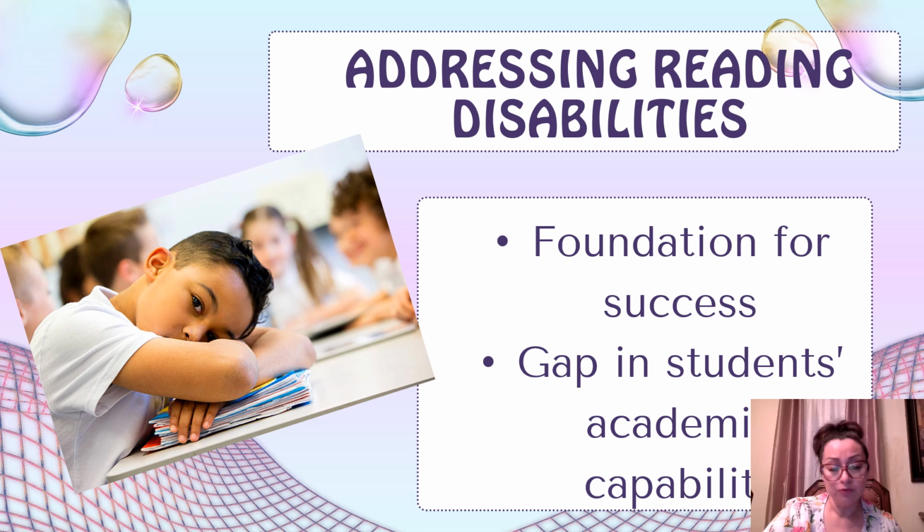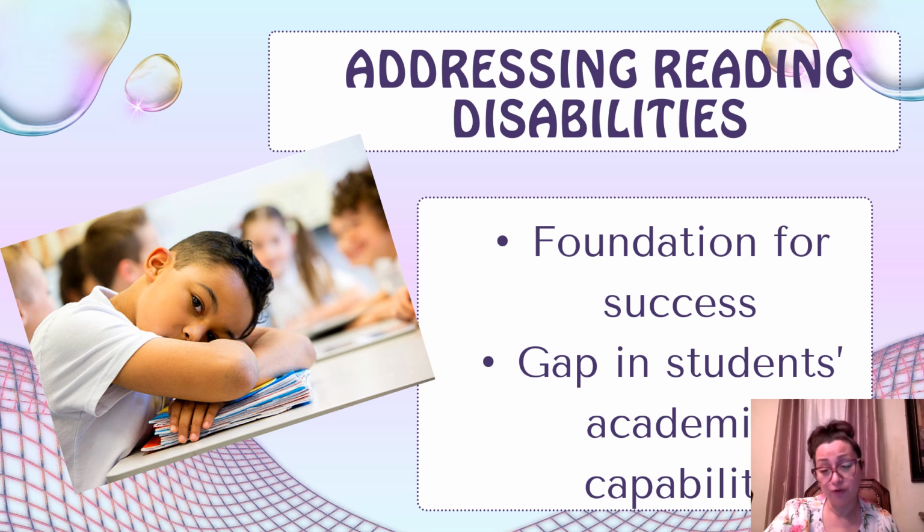It's also important to address this students' disabilities in reading, because students that struggle with reading risk falling behind academically. And what I have seen is, as the student moves from kinder to first to second, they're supposed to be reading a certain amount of words per minute.